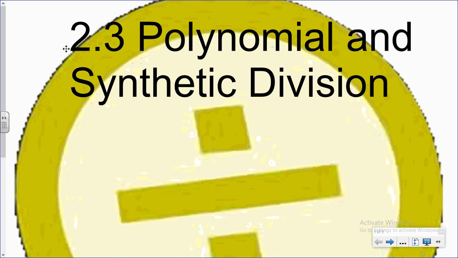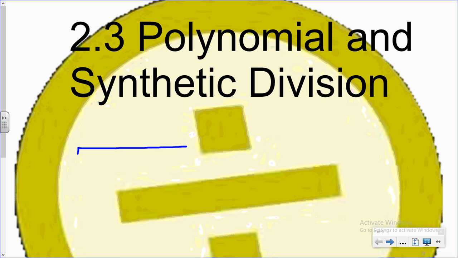All right, so let's talk about some vocabulary words with division. You take a polynomial and you divide it by another polynomial. What is the polynomial called that's underneath?